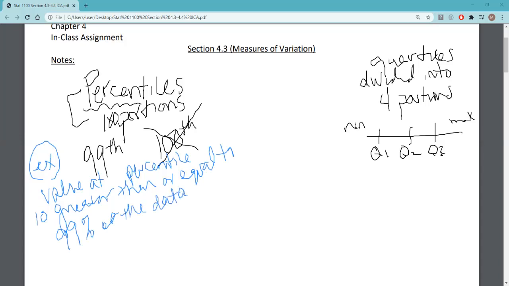So notice that I can't have 100th percentile because I can't say that I'm above 100% of the data. I can't be above all of it and then also be a portion of it. So the highest we have there is 99th percentile. Let me erase this right side here because there's going to be 2 computations that we end up doing with percentiles.